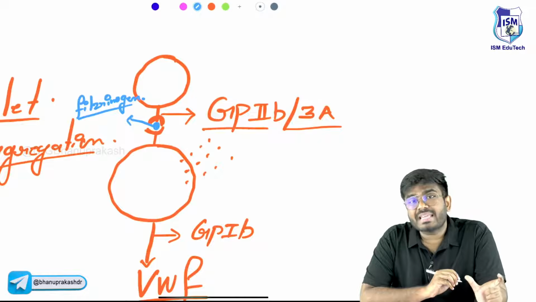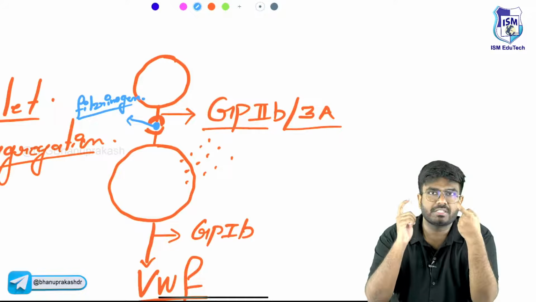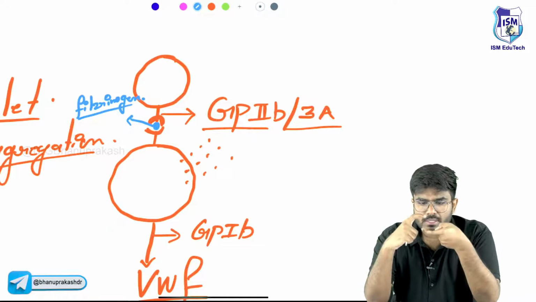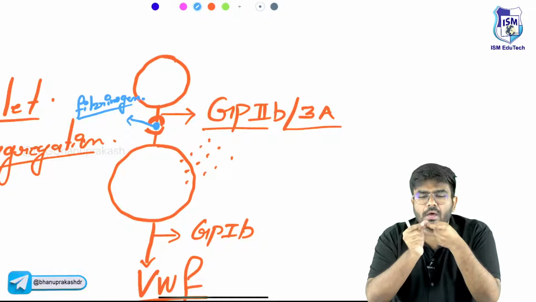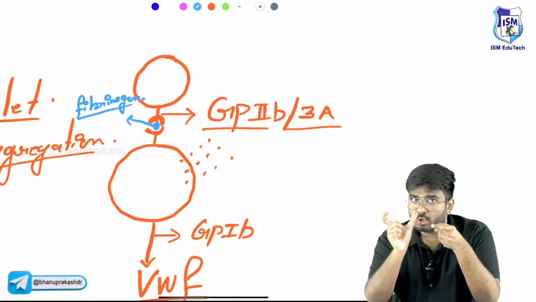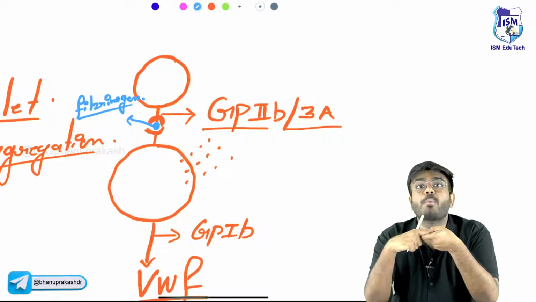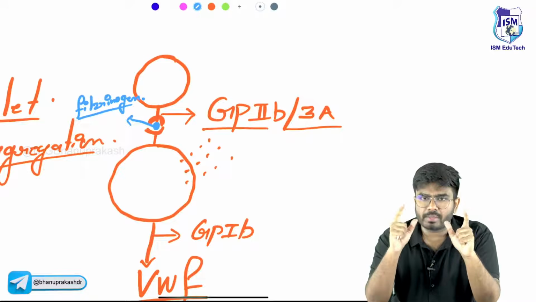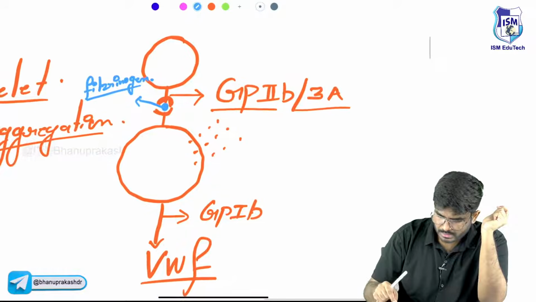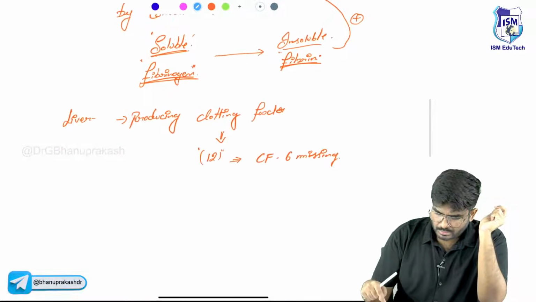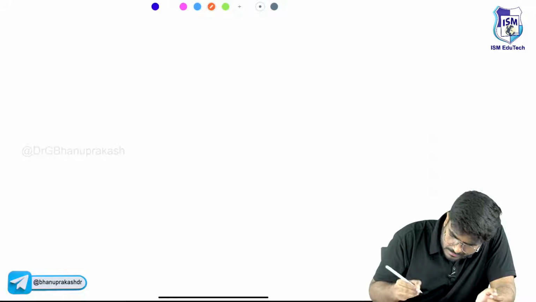The fibrinogen is acting like a linker molecule between the GP2B3A receptors. Just keep that point in mind. I forgot to mention it. Okay, so done.